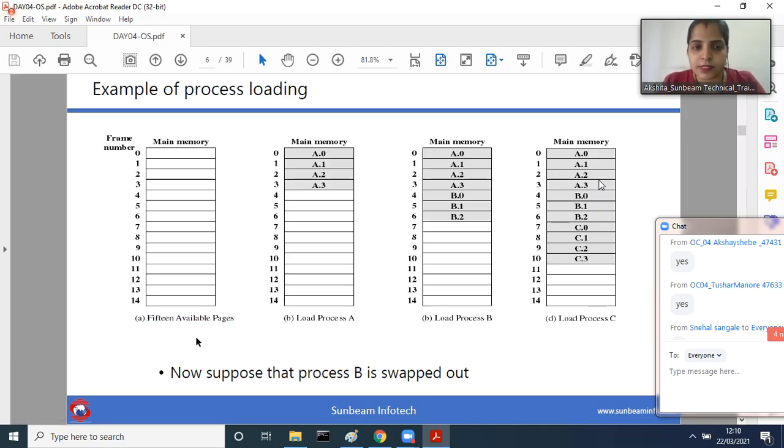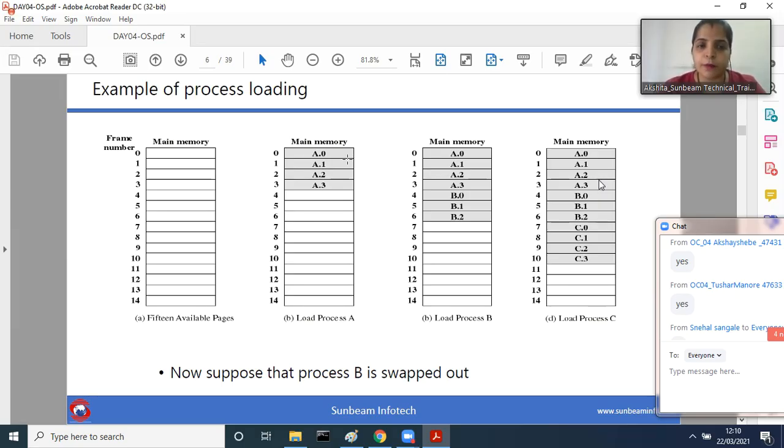Whenever any process comes for the execution inside the main memory, that process is loaded into different memory allocations. For example, considering this scenario, I have initial main memory of 15 pages, 0 to 14. So I will say the capacity of my main memory is 15 pages. Suppose there is a process A which comes and wishes to execute.